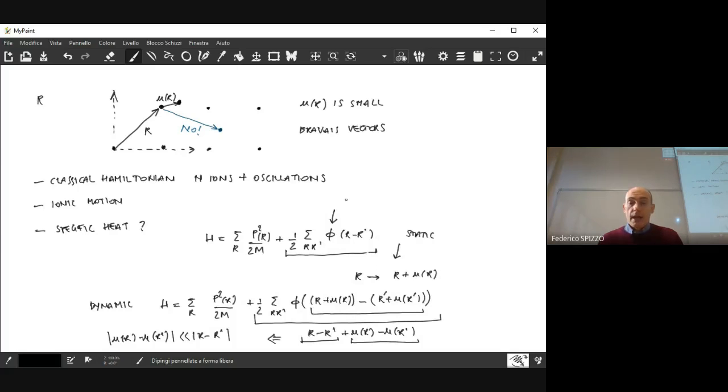At this point, we have to consider how fast the electrons rearrange depending on the oscillation of the ions.